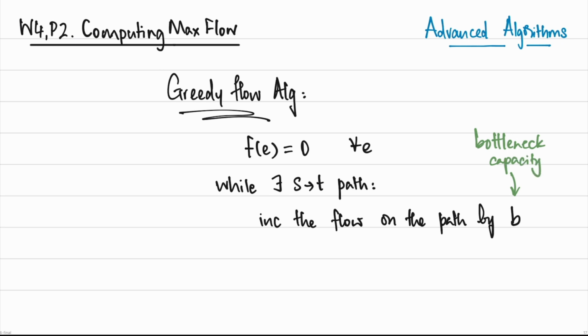It's the capacity of the edge that has the least capacity on this path. If there are multiple edges, it doesn't matter really. Just look at all the capacities that you have on this ST path and pick the smallest. That's the bottleneck capacity. So you increment the flow on all of these edges in this fashion.